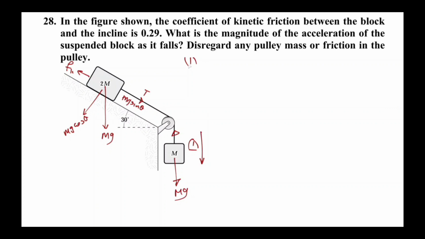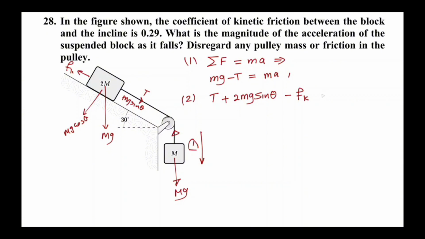On system 1, sum of all forces equal to ma, or in other words, mg minus tension equal to ma. On system 2, tension plus 2mg, because the mass is 2m, sine theta minus friction, kinetic friction, equal to 2ma.